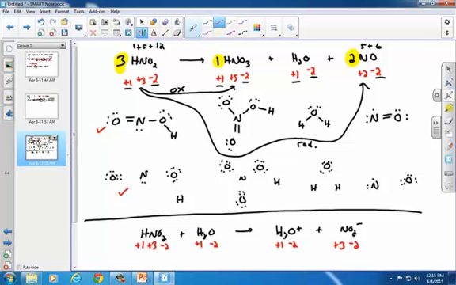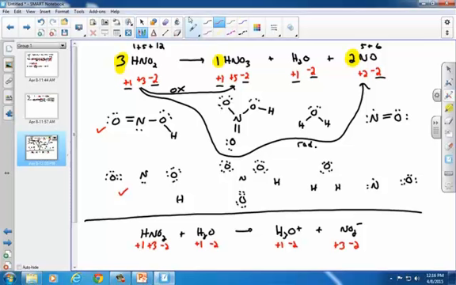It's not an oxidation-reduction reaction. There's no oxidation occurring, there's no reduction occurring. So ultimately, the way to judge what's being oxidized and what's being reduced is to calculate those oxidation numbers for each element on both sides of the reaction, and then to see, are they changing? If they're not changing, it's not a redox reaction.